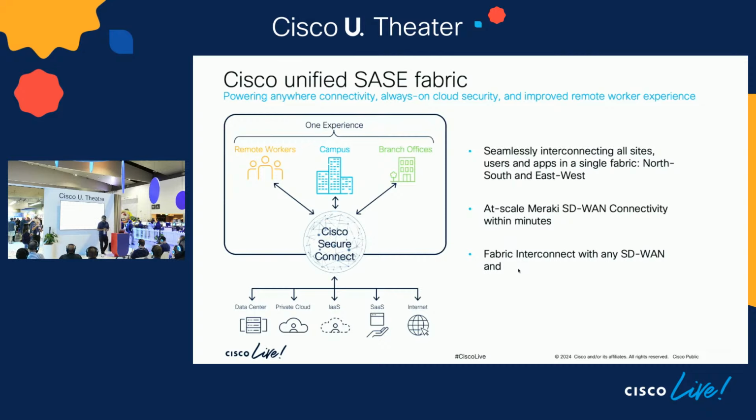So Cisco Secure Connect is our unified SASE platform that powers everywhere connectivity. It also provides always-on cloud edge security features, and overall it improves the remote work experience. The idea here is that wherever you work, your complete traffic will be proxied through our SASE architecture before it reaches the final destination, which could be over the internet, a SaaS-based application, your private application hosted inside your public or private cloud infrastructure, or hosted in third-party co-location facilities.